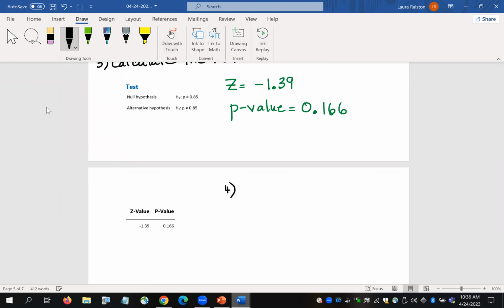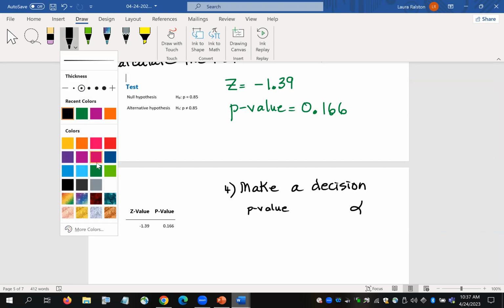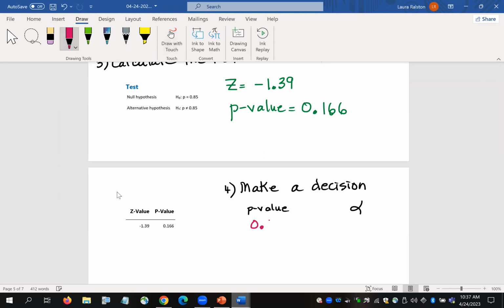Step 4 is to make a decision by comparing the p-value to alpha, which is what we've been doing all along. Okay, that hasn't changed. My p-value is 0.166.